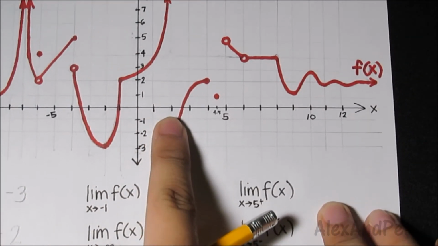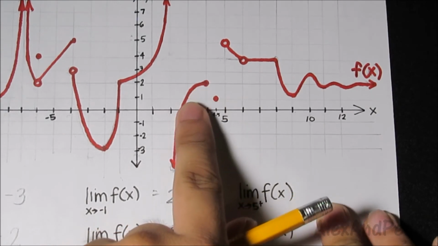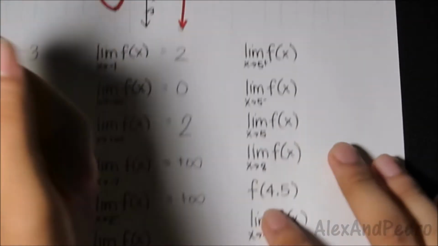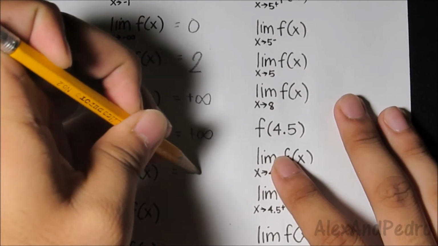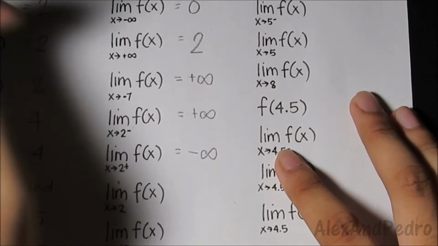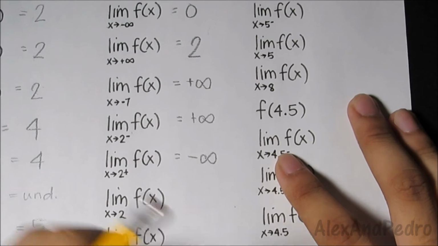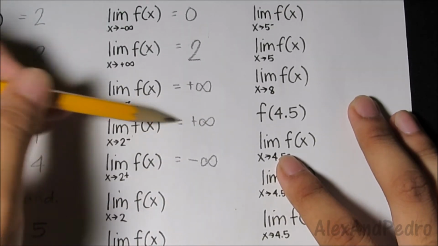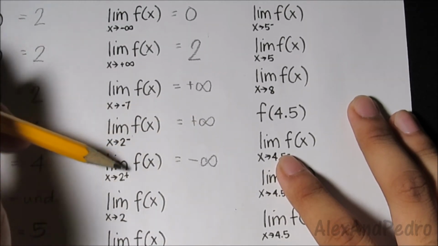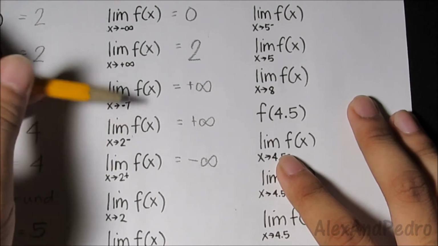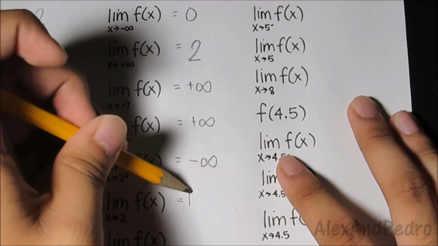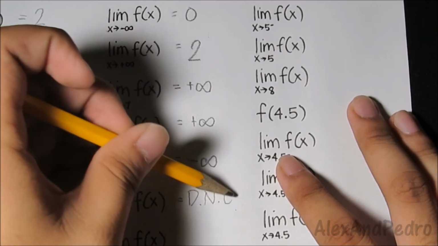So this is 2 again. From the right, it goes to -infinity. Okay. How about this one? The limit, so it approaches 2, it approaches +infinity from the left, and -infinity from the right. They're not equal, so the limit here does not exist.